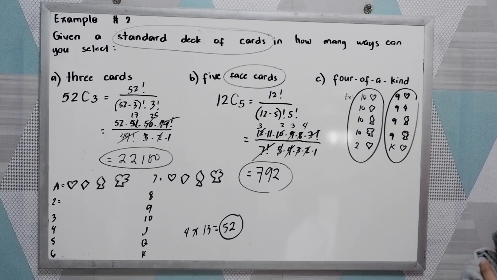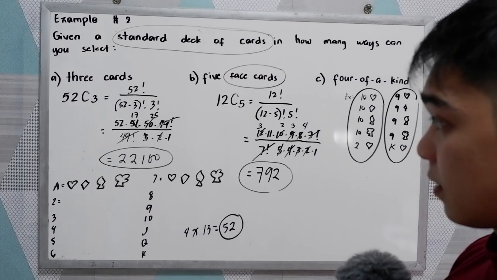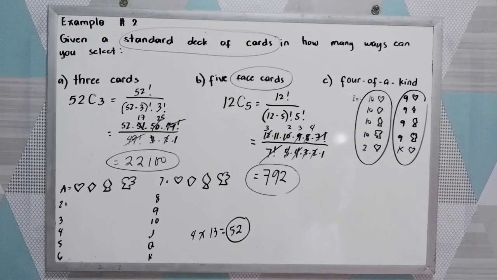So that means we have 13 different cards. Okay, from 13 different cards, we need to choose one of them.